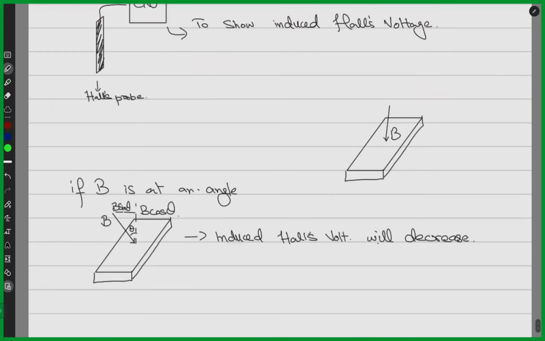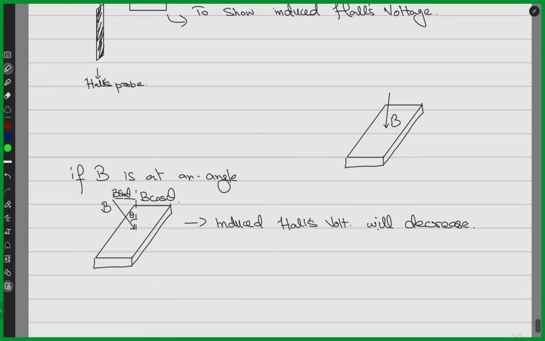So that's why it is the perpendicular component, and some of the magnetic field is lost if it is applied at an angle theta, right? Lost in the sense that only the cos component of that magnetic field is responsible for inducing Hall's voltage, while the other component has no role. So it is just neglected or ignored.